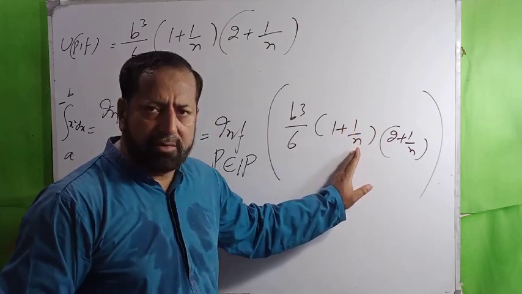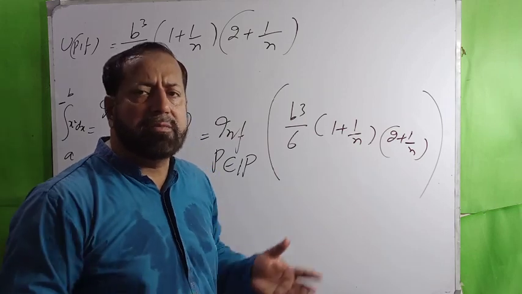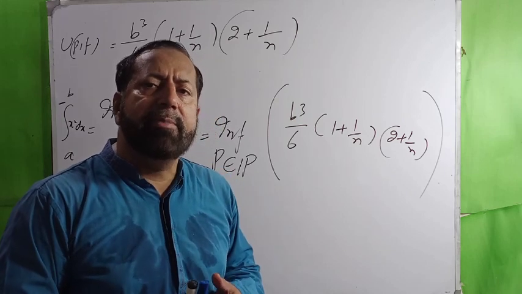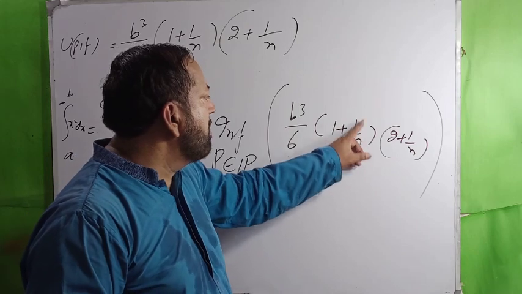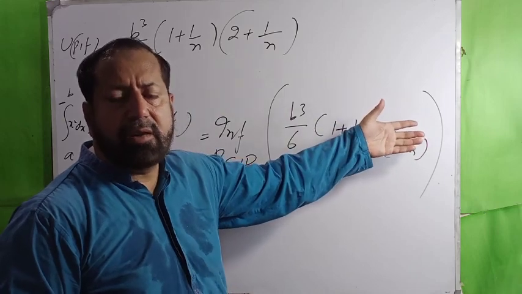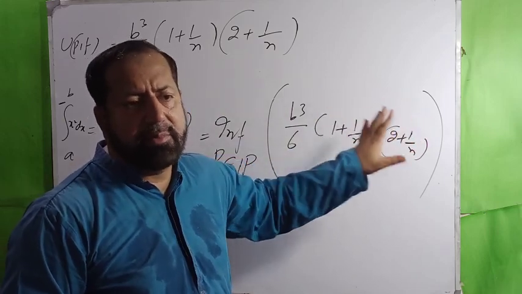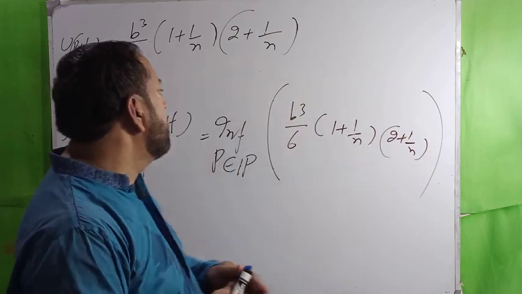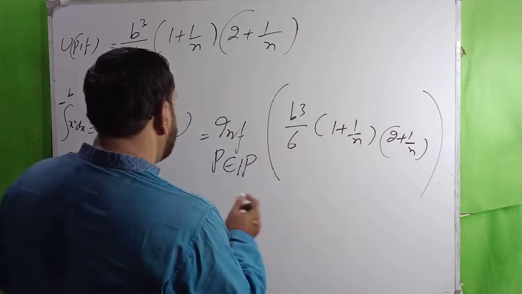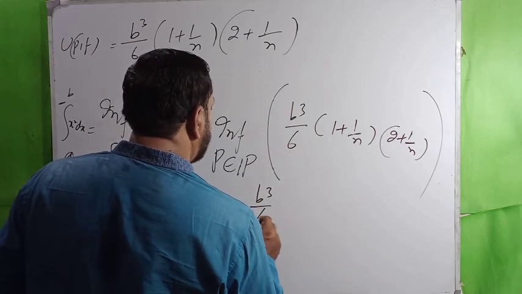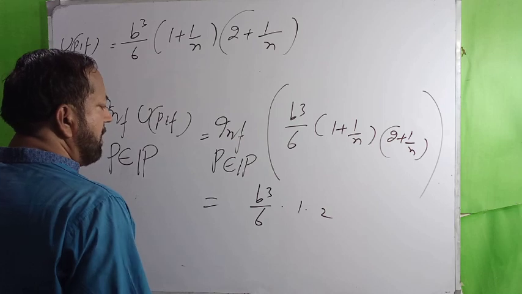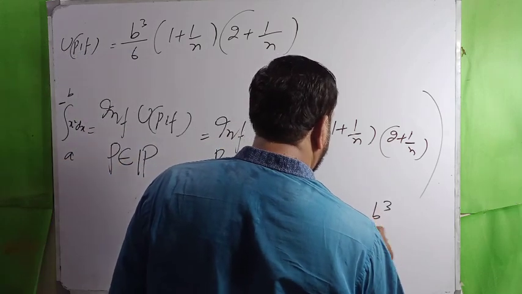Even in a finite partition, you may have many large values, and corresponding to those values, 1 over n and 1 over n will contribute no bigger value in the answer. And you know b cube and 6 are constant numbers. So answer would be b cube by 6 into 1 into 2, right? So the answer would be equal to b cube by 3.